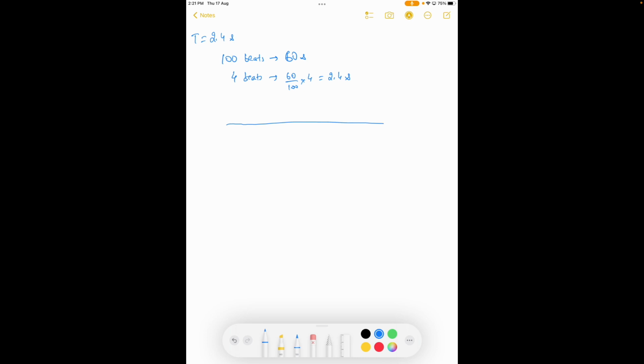When the stick hits the table, it makes a sound. This sound looks like this. This is a sharp peak.